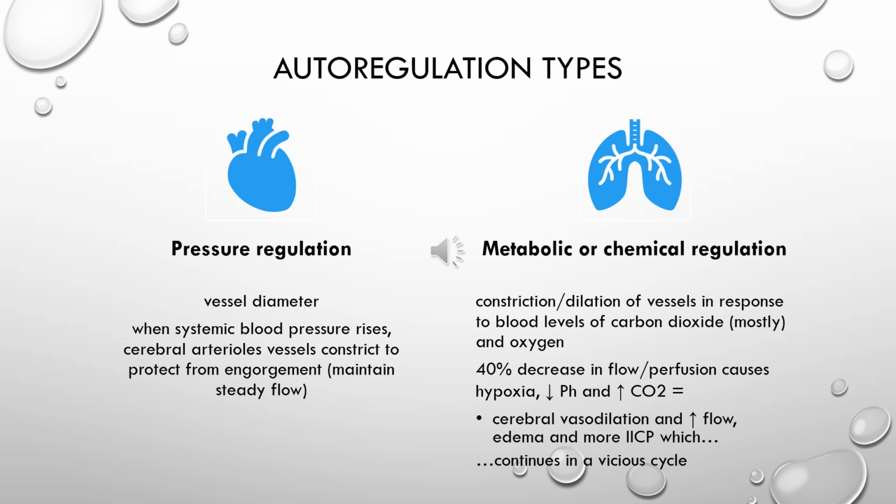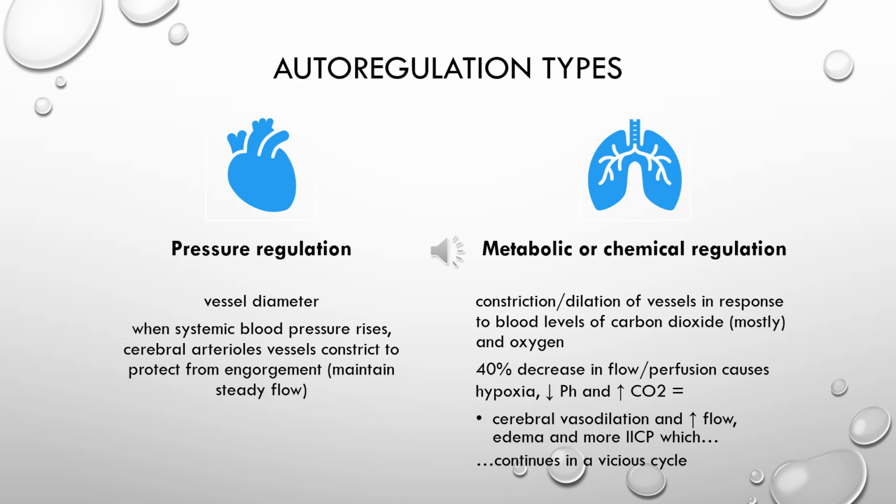So when we start looking at interventions with our patients that have ICP problems, maintaining their CO2 levels at a lower level becomes very important, because if you have cerebral vasodilation going on, you're going to have a lot more blood flow going to the brain, or those vessels will dilate. So you're going to have more increased intracranial pressures.